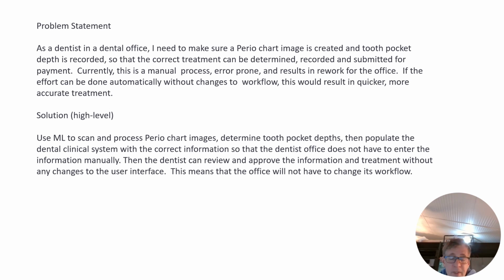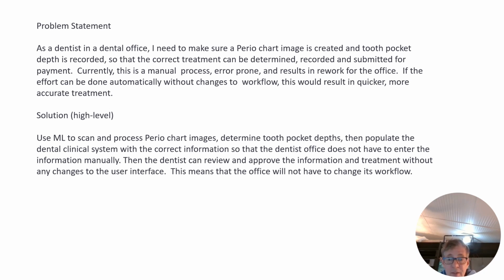Now, this is important because types of treatment and payment are determined based on the number of teeth and the pocket depth. And this is typically a very manual process, error-prone, when people have to count the number of teeth in a segment and look at the pocket depth for each tooth.